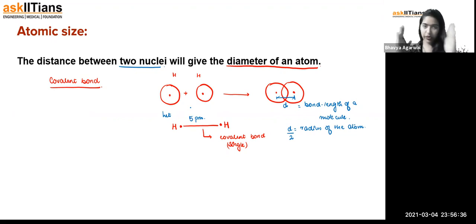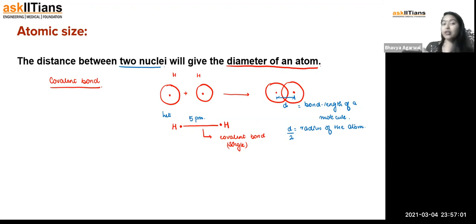If the distance between the two hydrogen atoms is 5, what will be the radius of the hydrogen? The radius is exactly half of the total distance, so the radius will be just 2.5. This is how we calculate the covalent bond length.